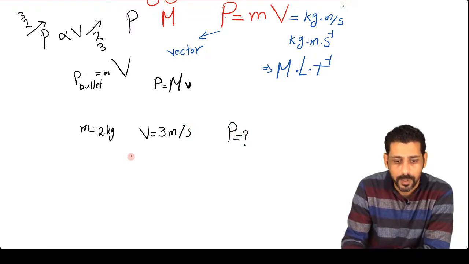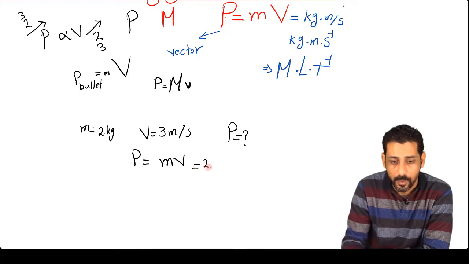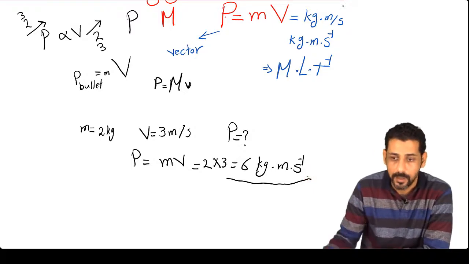We know that momentum is mass times velocity. So in this case, the mass is 2 kilograms and the velocity is 3, which gives 6. Never forget the unit: mass is measured in kilograms and velocity in meters per second, m s^-1, and this will be the answer. So it's very simple.